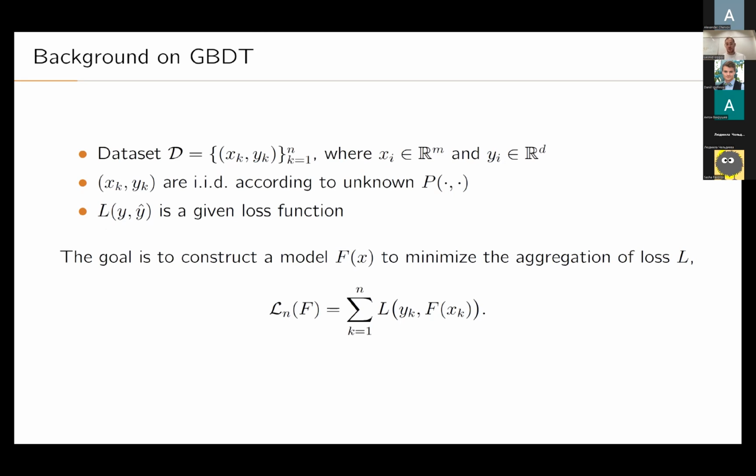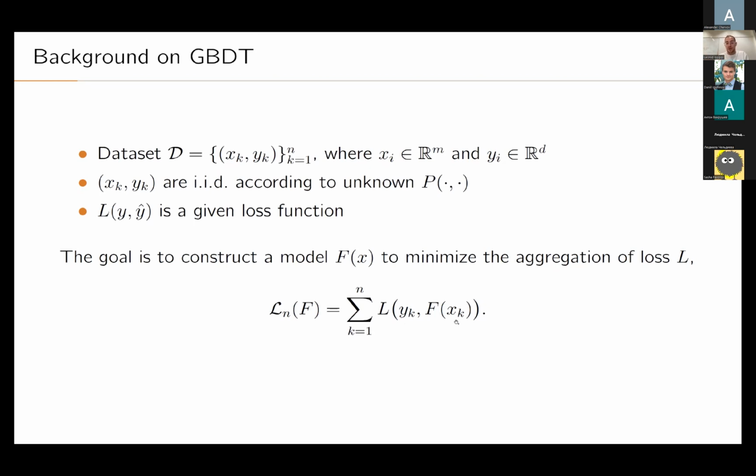And our goal, of course, as usual, is to minimize our loss function. So let's say if we have a model F, we want to minimize this sum. So we just plug into our loss function y_i, which are just the true values we want to predict.